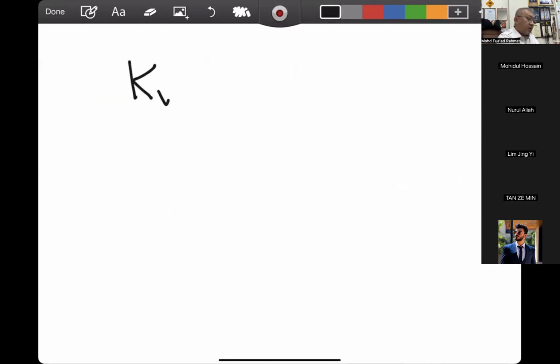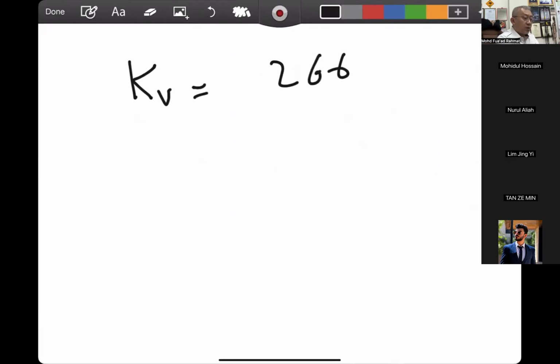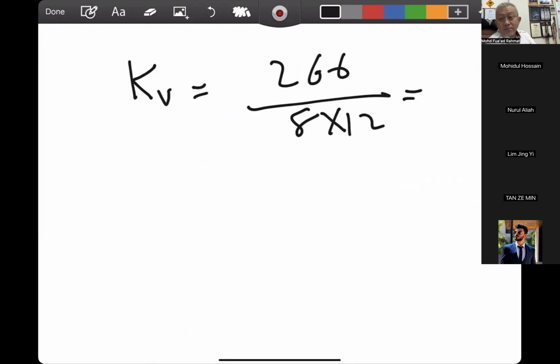You simplify Kv now, because s is already cancelled, so it becomes 266 over 8 multiplied by 12, which is equal to 2.77.